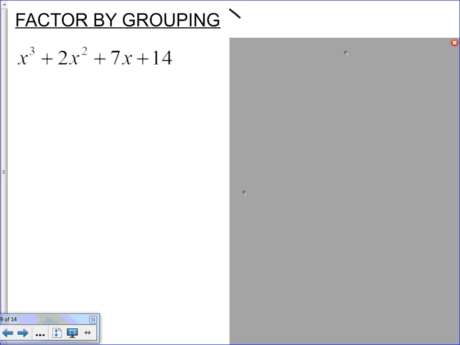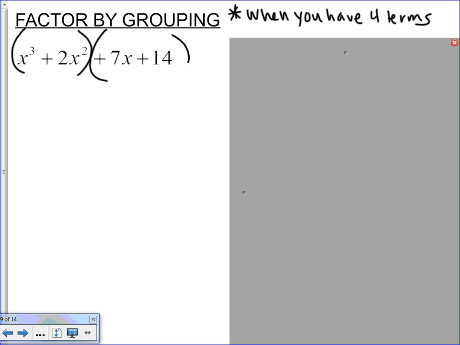So use factor by grouping when you have 4 terms. When you have 4 terms, you can split up your polynomial evenly into 2 groups of 2. I'm going to use parentheses to split it up. These parentheses are not the same as multiplication parentheses.